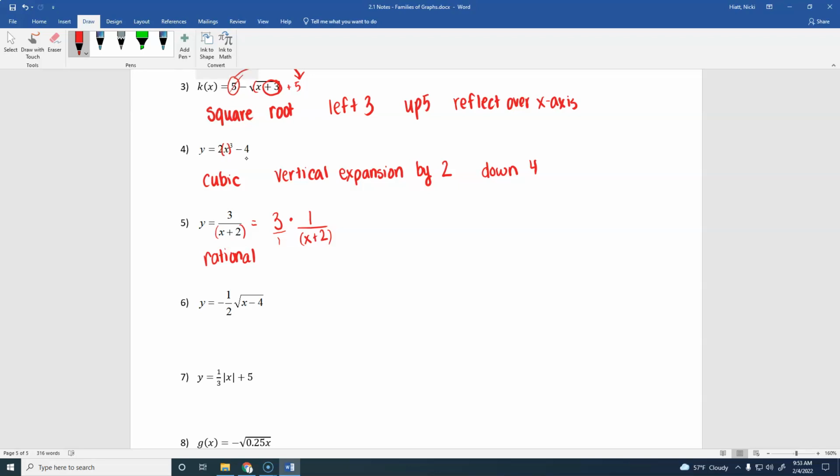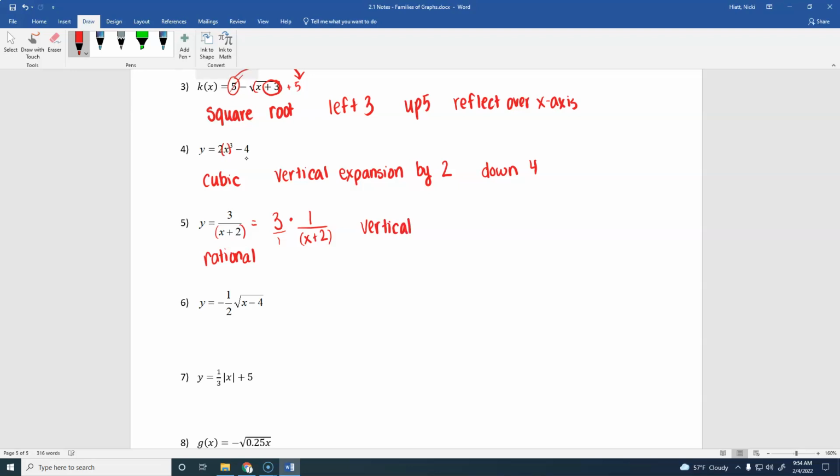Braden, what's that going to give us? The 3. It is actually going to be vertical.